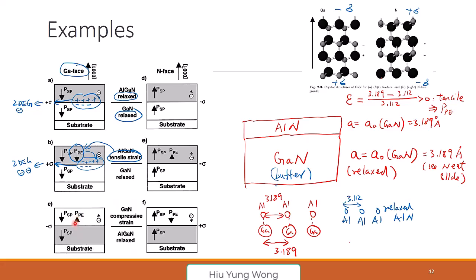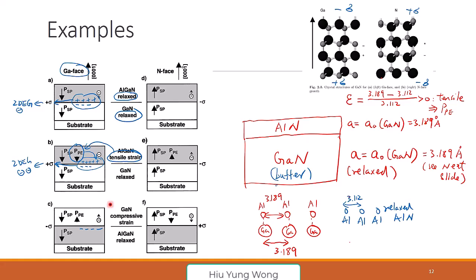Compressive stress gives me a polarization in the opposite direction. Right? So originally, aluminum gallium nitride will give me what? 4 negative charge, because now this is on the top. It was 4 on the bottom for plus. Now it's 4 negative on the top. Then how about, Professor? 3 negative, right?